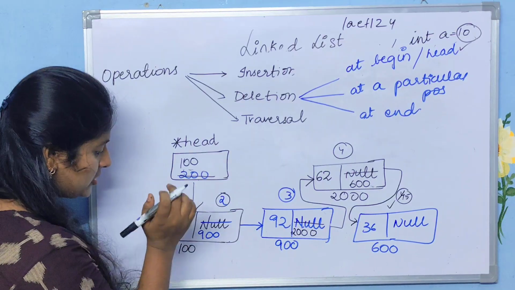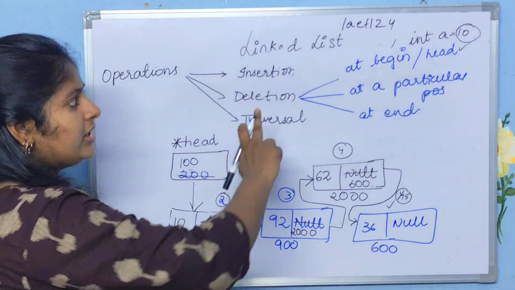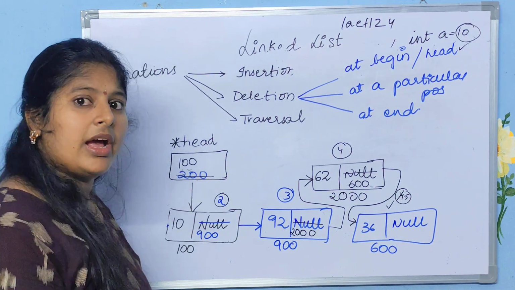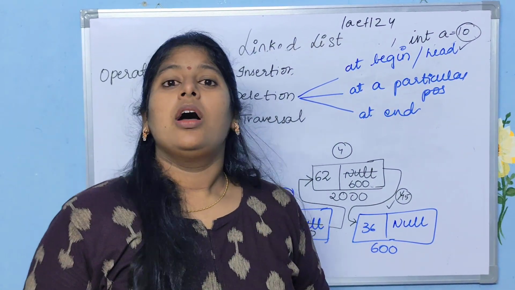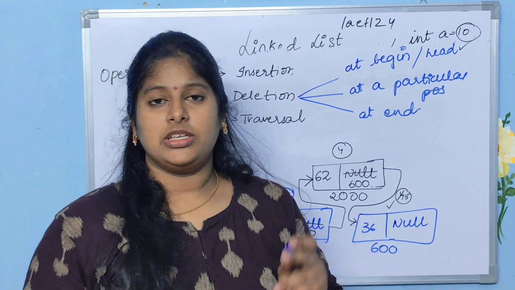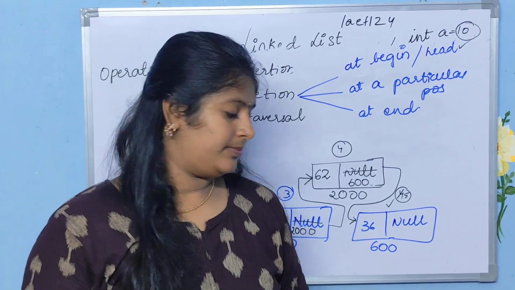So head is pointing to this node. So head is containing 100. I hope you have understood what is meant by deletion at head. When you want to delete at head position, the head address will be changing. It will be containing the address of the next, second element.